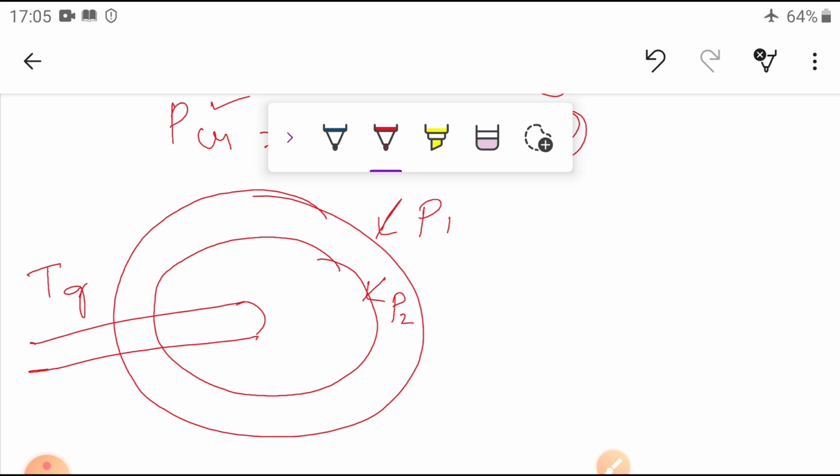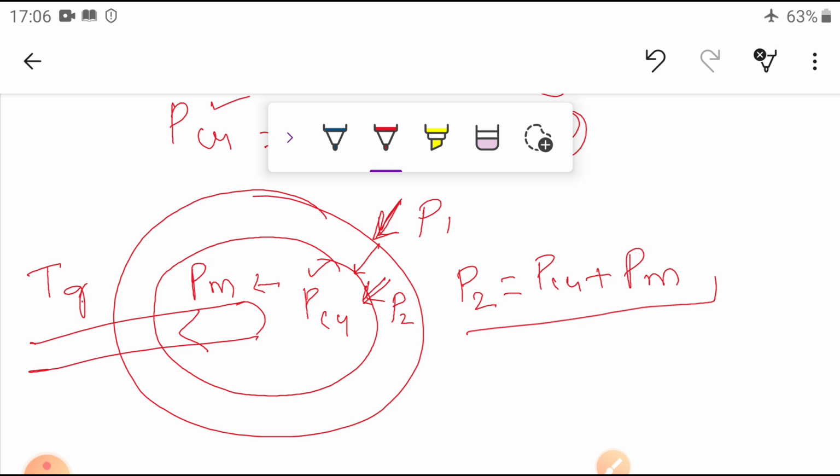In this, P2 is related to TG. There is a copper loss, P copper loss, that occurs in the rotor. This is equal to PM, the total mechanical power developed. So P1 given to the stator is transferred in the form of magnetic field as the input P2, which is given partly to the P copper losses, and the remainder is developed as PM. So P2 is equal to P copper losses plus PM.